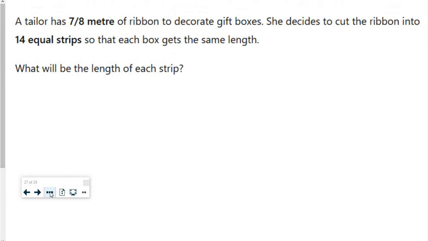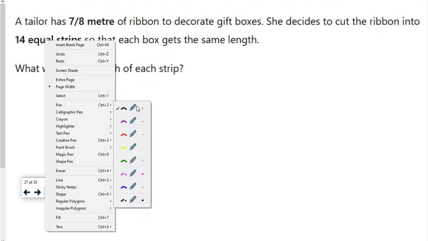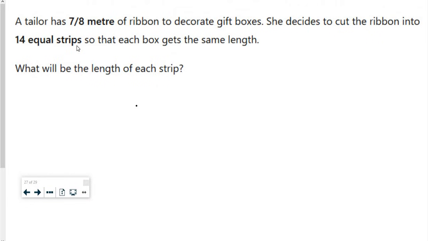So the next question. A tailor has 7/8 meter of ribbon to decorate gift boxes. She decides to cut the ribbon. Cut means divide. She decides to divide the ribbon into 14 equal strips so that each box gets the same length. What will be the length of each strip?